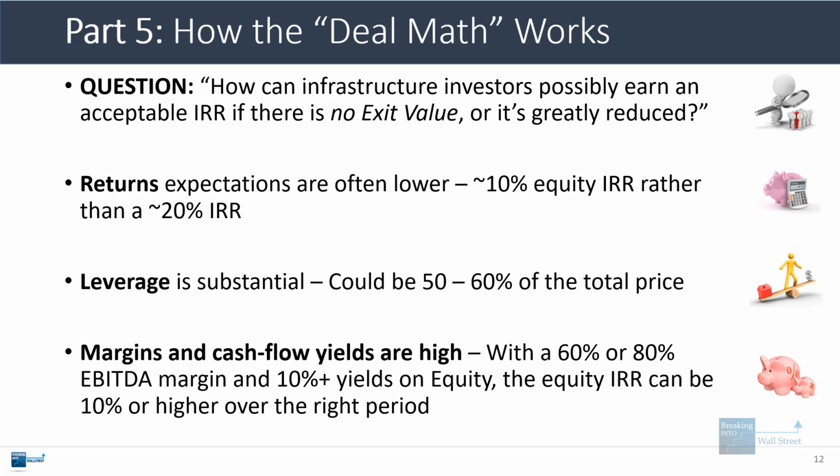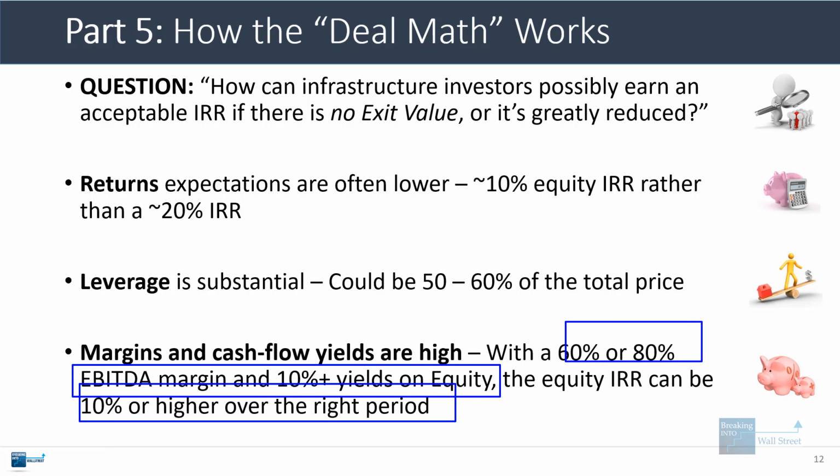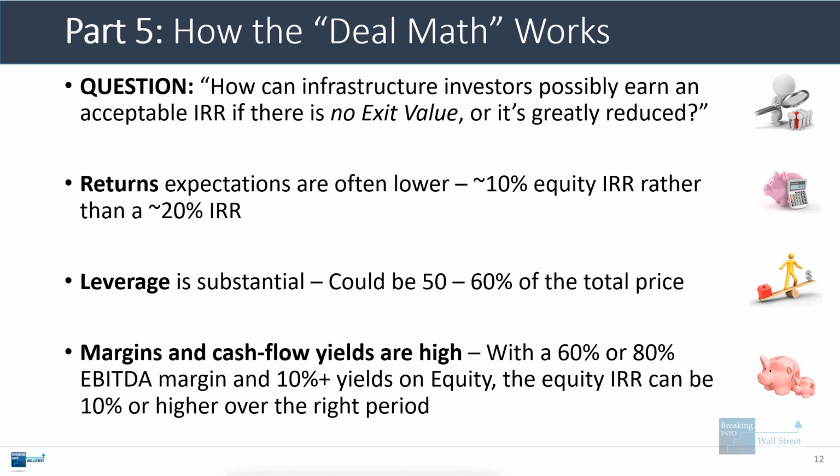And then the last point is that the margins and cash flow yields are high. If you have an asset with a 60% or 80% EBITDA margin, far above what any normal company would get, and then you have a 10% yield on equity, the equity IRR can be 10% or higher if you hold it long enough over the right period and the cash flows keep growing over time.